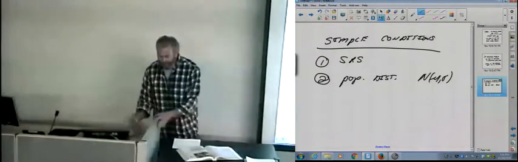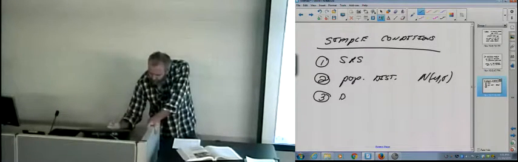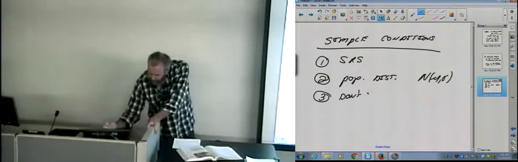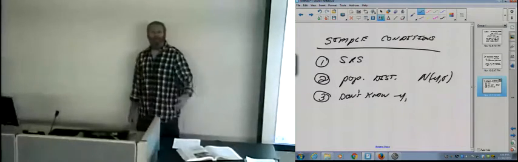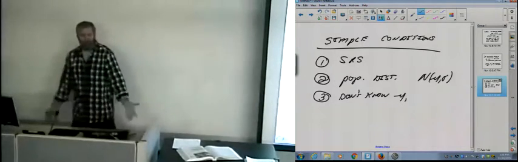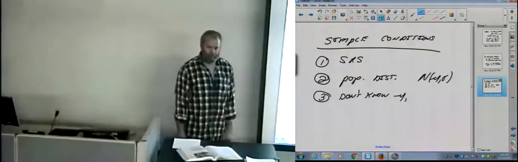Number three, we don't know mu. We don't know the mean of our population. This is the thing we're trying to estimate with our confidence interval.